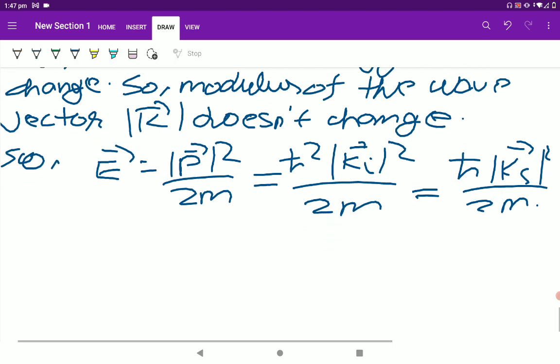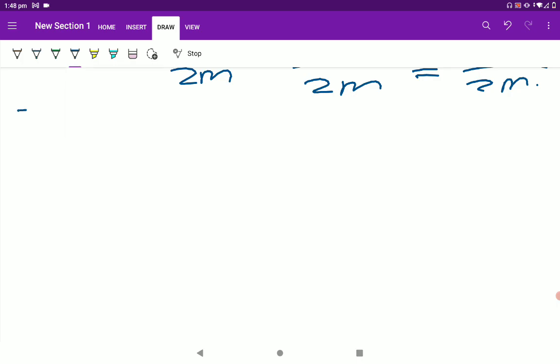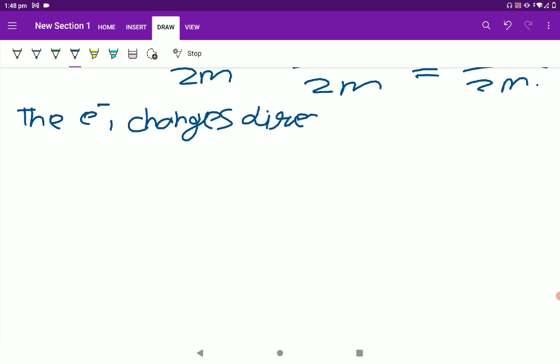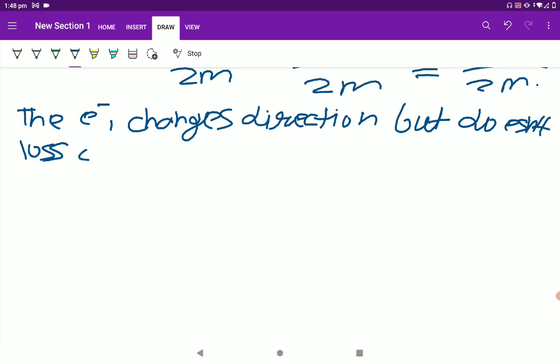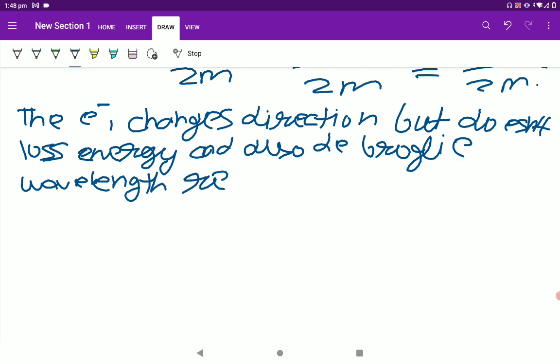This means that the electron changes direction but it doesn't lose energy, and also the de Broglie wavelength remains constant.